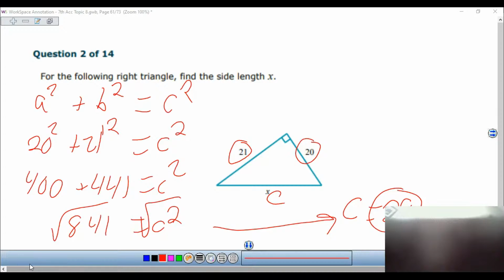Better? Yes, no? Is it any better, guys? We getting there?